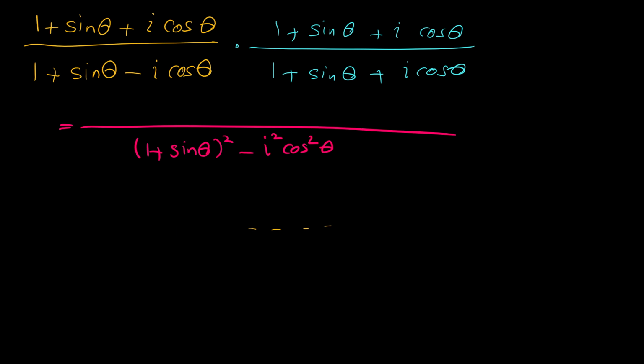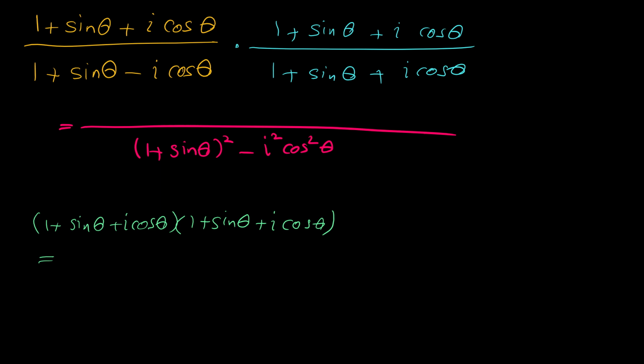But directly also you can multiply numerator by numerator here. So 1 plus sine theta plus I cosine theta times 1 plus sine theta plus I cosine theta. Let's see what is the answer of this.